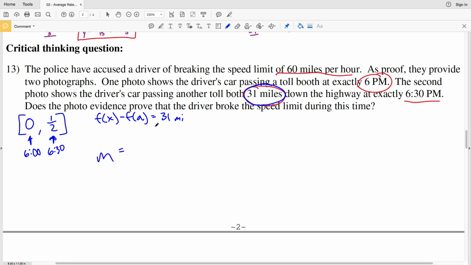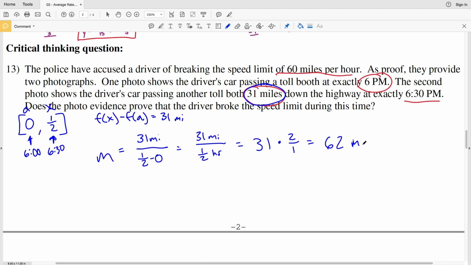So f of x minus f of a is 31 miles, and that's all over the change in time. Starting from a going to x, we'll have x minus a in the denominator, which is 1/2 minus 0, which equals 1/2. So that's going to be 31 miles over half of an hour, which I can write as 31 times 2 over 1, which is 62.